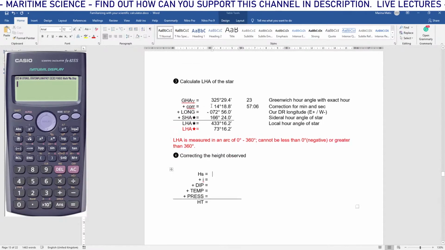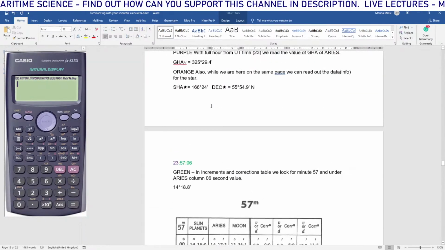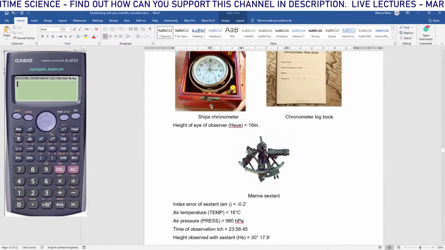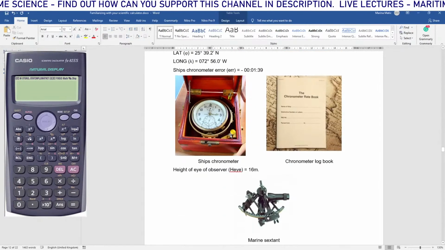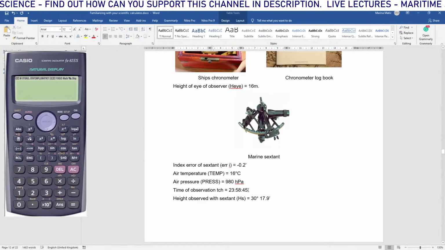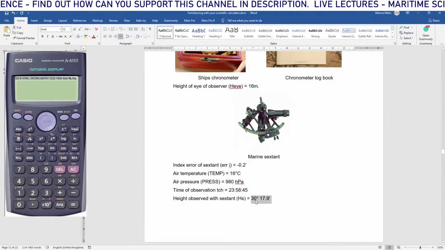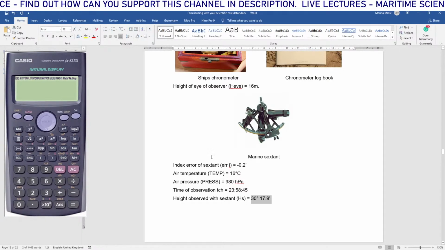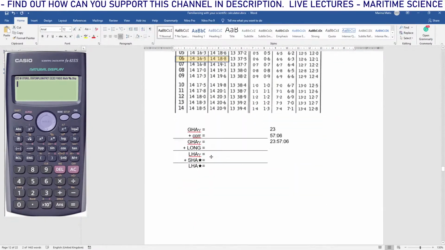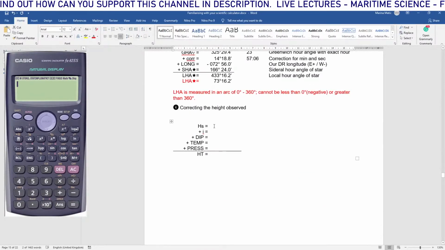So height observed with sextant is this value here. This is HS.